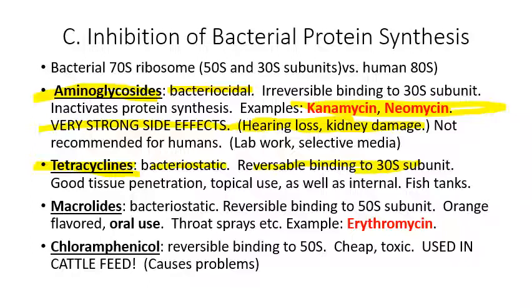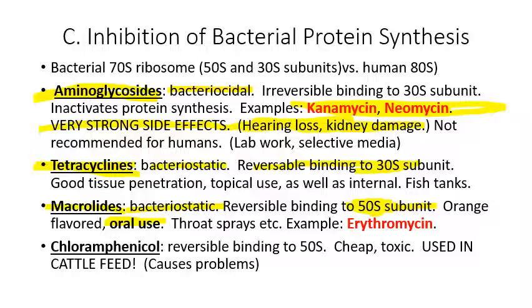Okay, then we have the macrolides. Again, they're bacteriostatic, meaning that they bind reversibly to the 50S subunit this time, to the 50S. They're often used for oral use. In other words, if you have a sore throat because you've been yelling or something like that, this wouldn't do to cure a strep throat, or it might, but they put them in those throat sprays that are meant to cure your throat of a throat infection, or you take it in a little cup, it's orange flavored, to cure a minor bacterial infection.